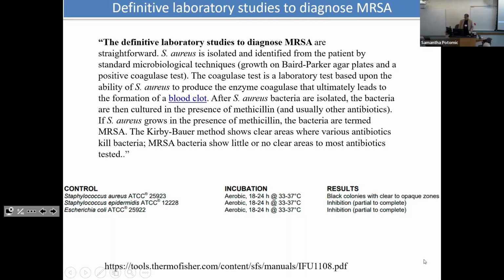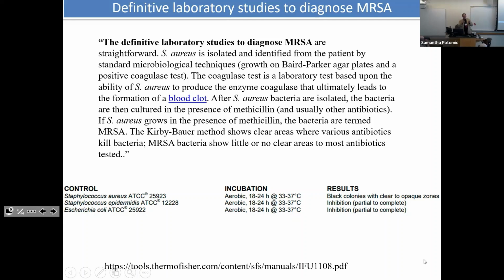The lab study, and this is what you'll see in common identification today in differential diagnosis: they'll send out a blood sample, take the blood sample and grow it in a Petri dish.